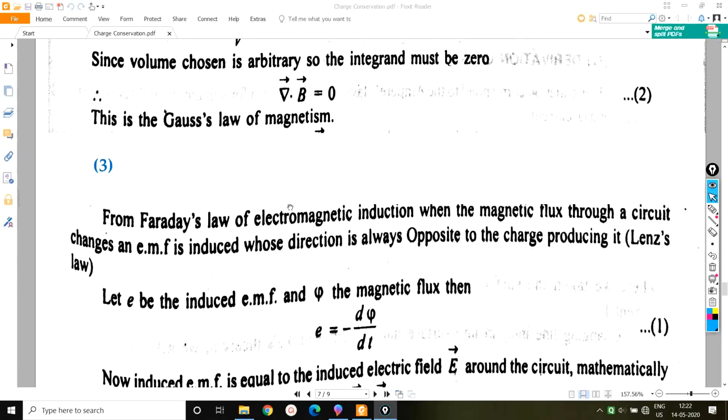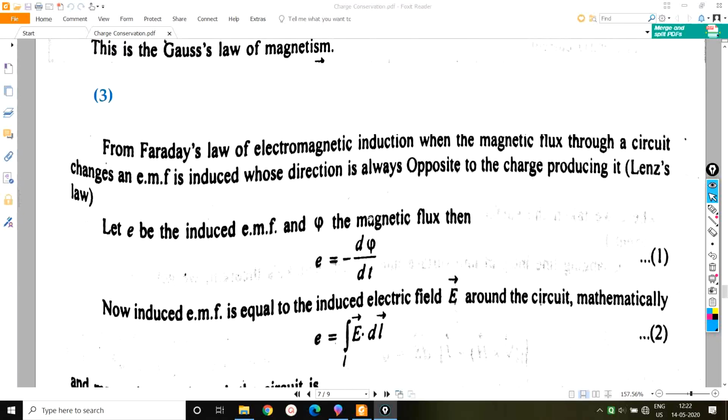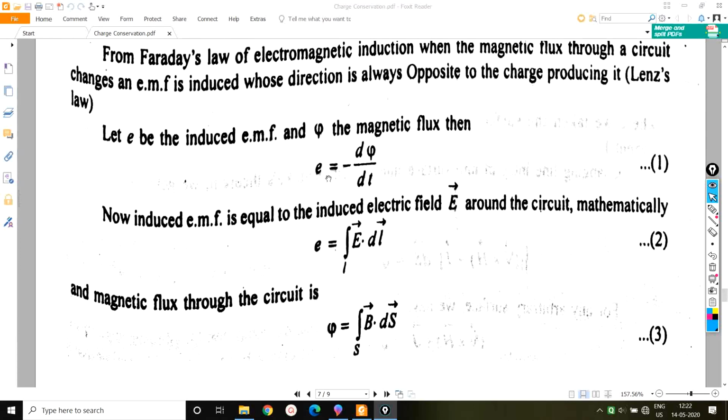Then we will move on to the next law, which is Faraday's law of electromagnetic induction. How to convert it into a differential form? You know that induced EMF E is equal to minus d phi dt, and induced EMF E is also the line integration of E dot dl.